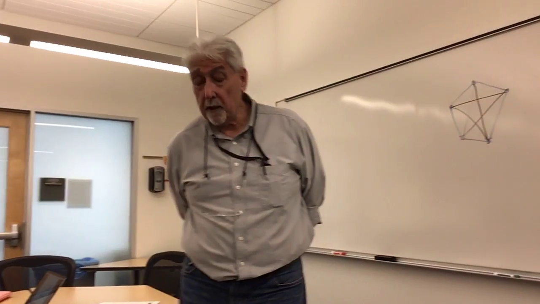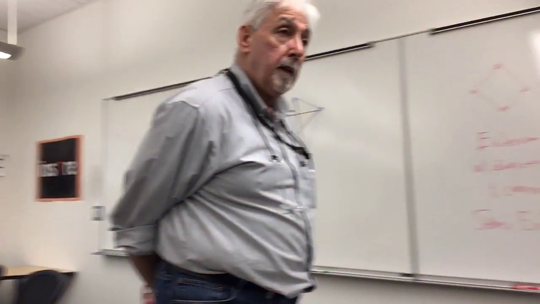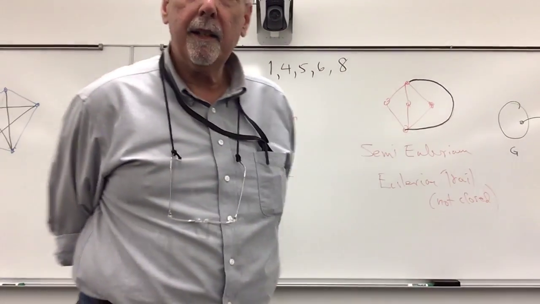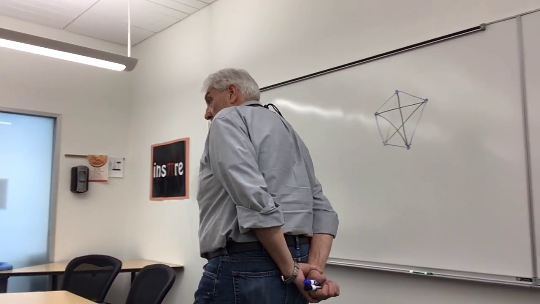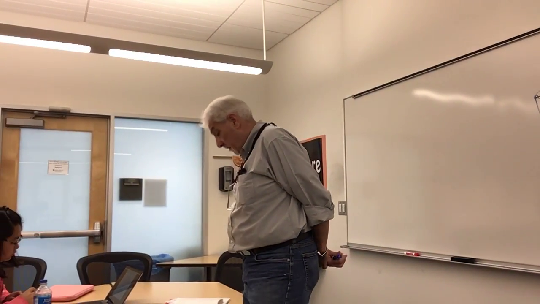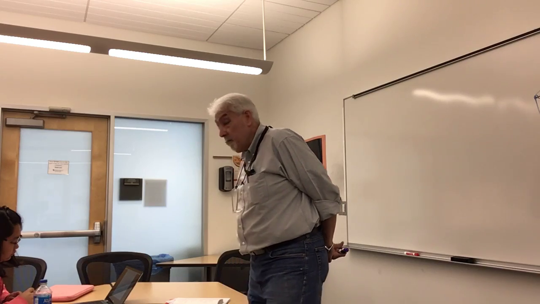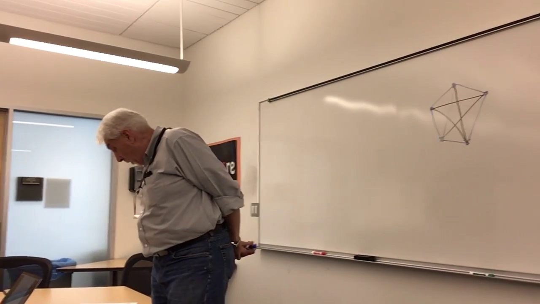So it contains an Eulerian trail, and it must start and end at the top one and the bottom one. I don't care which comes first, and it is connected. Okay, what about number 4?